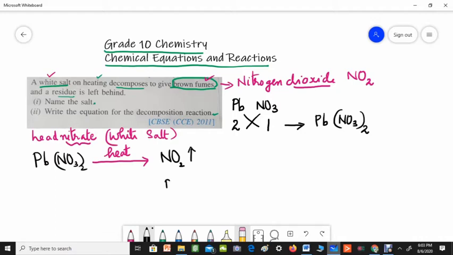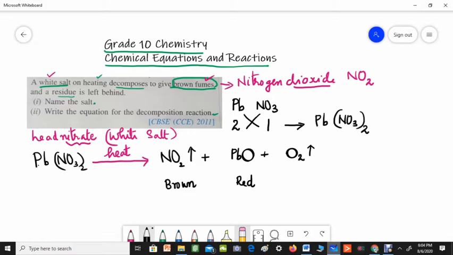This is brown in color, and you will get two more products, that is lead with oxygen. So PbO, lead oxide, it is red in color, and one more product is oxygen gas. So these are the three products obtained when lead nitrate is heated.